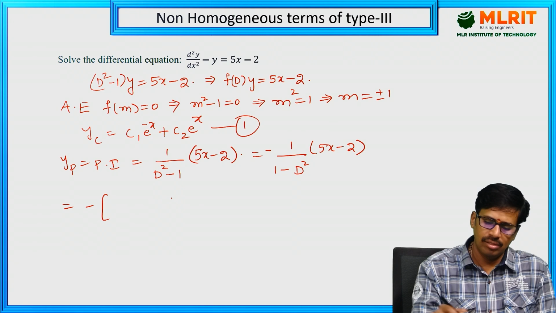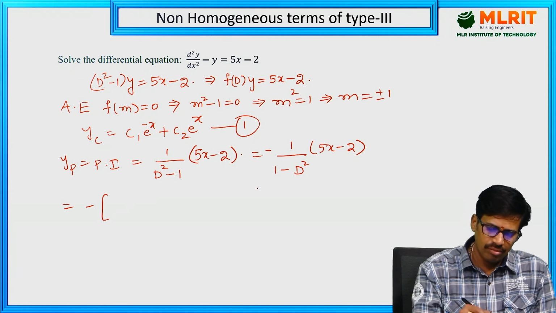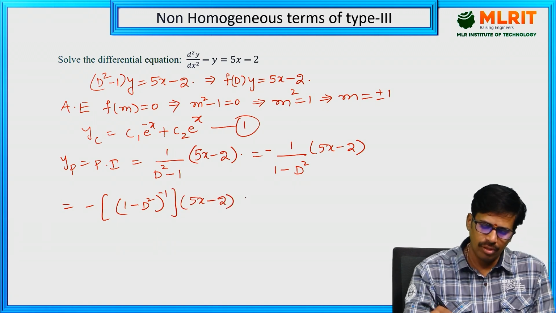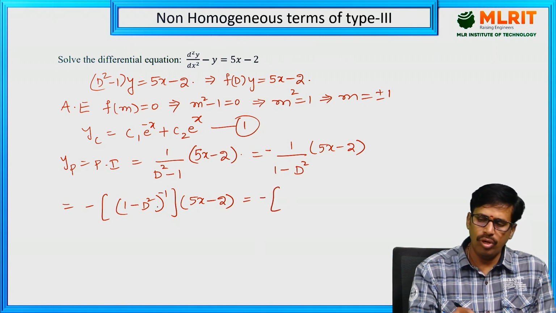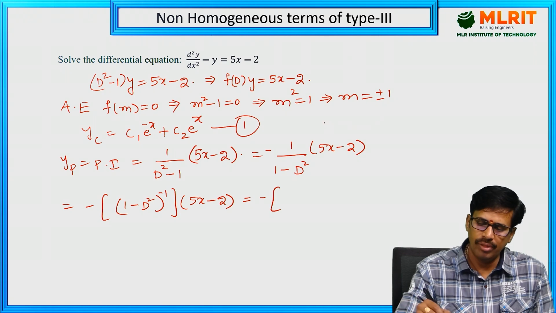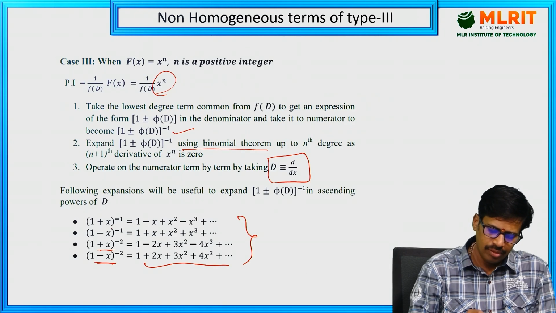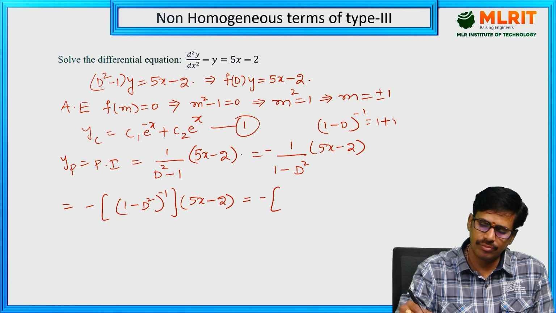So minus, this 1 by (1 minus D square) can be written as (1 minus D square) whole power minus 1 into 5x minus 2. So minus of (1 minus D) whole inverse, we have the formula: (1 minus D) whole inverse equal to 1 plus D square plus D cube plus and so on.